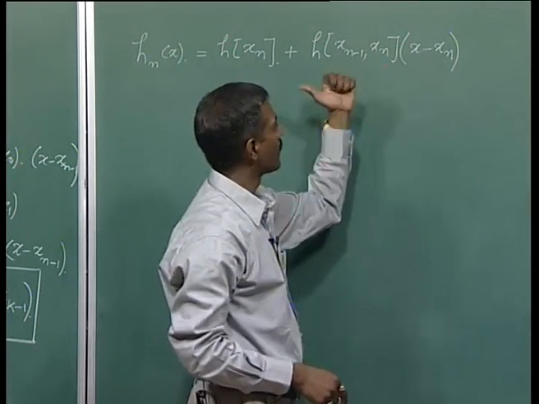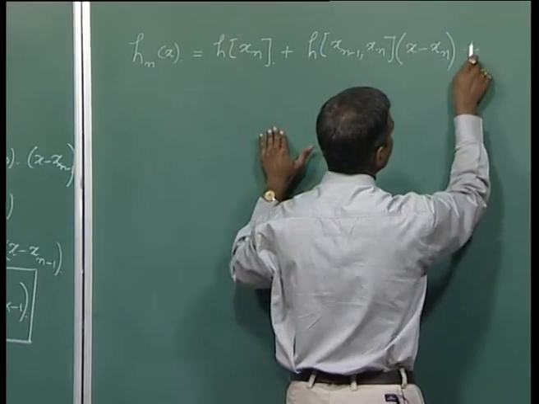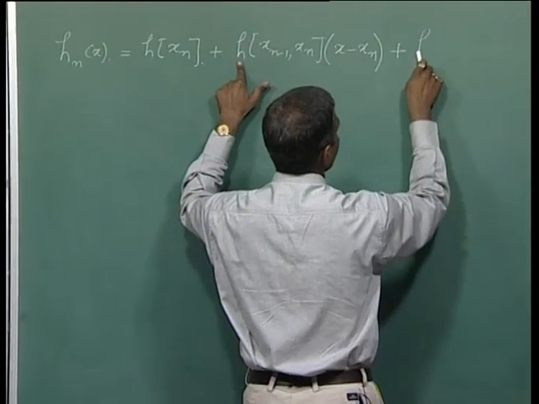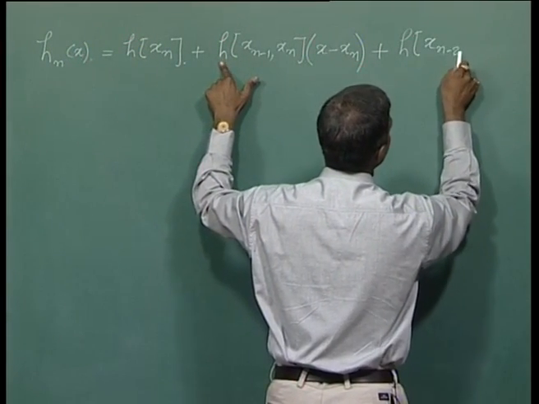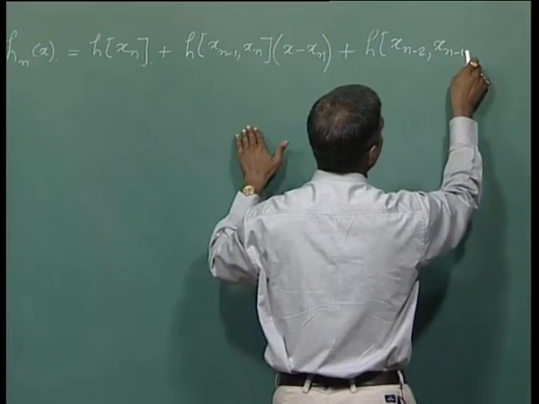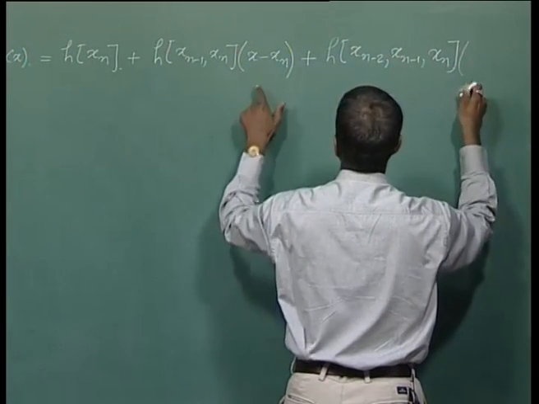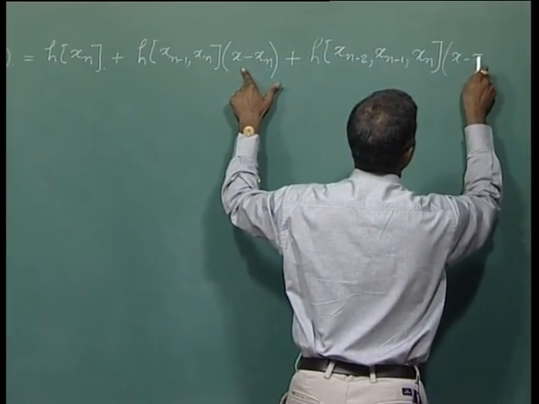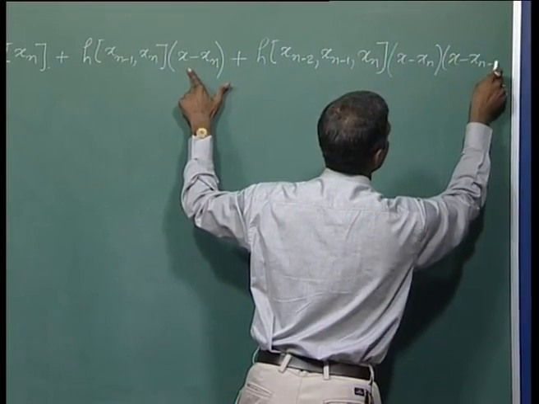Remember again that we are working in the reverse order. Plus the third term will be h of xn minus 2, xn minus 1, xn times x minus xn, x minus xn minus 1.